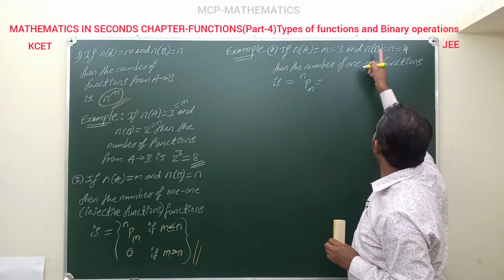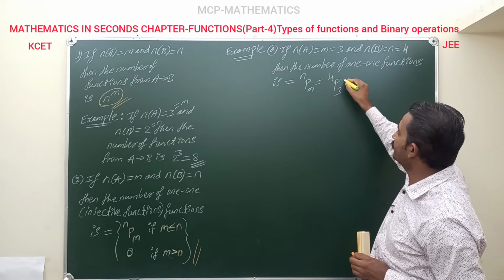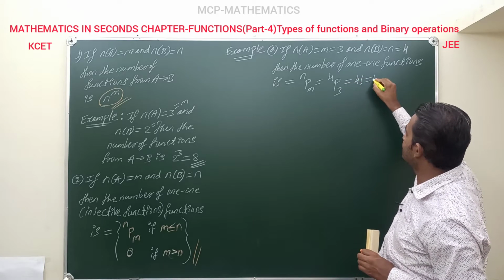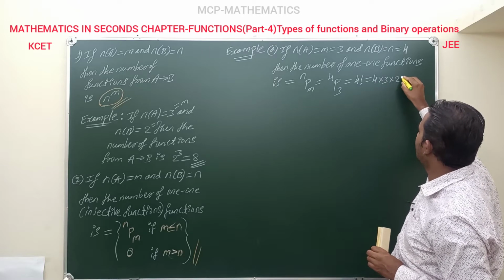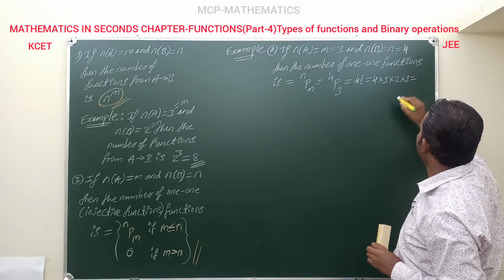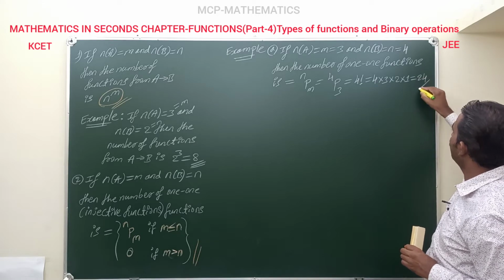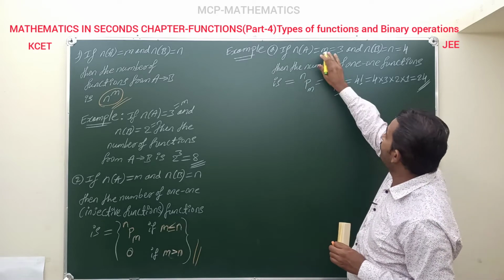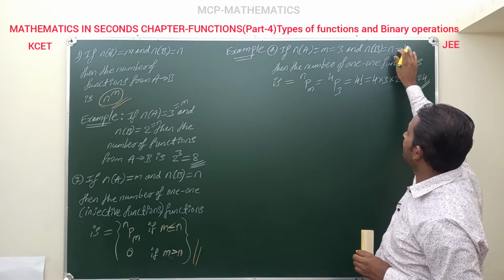Here n is equal to 4, so 4P3, which is 4 factorial. So 4 factorial is 4 times 3 times 2 times 1. 4 times 3 is 12, 12 times 2 is 24. So 24 one-one functions are obtained if the number of elements in A is m equal to 3 and the number in B is n equal to 4.